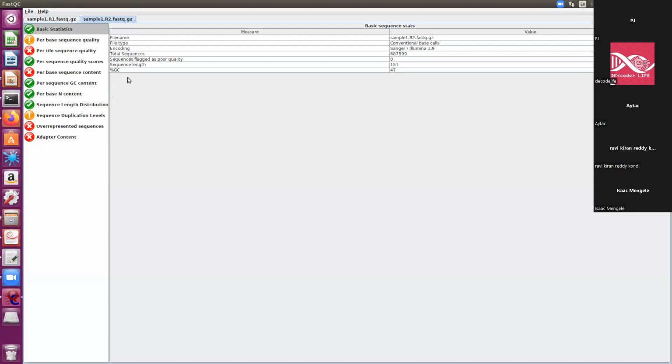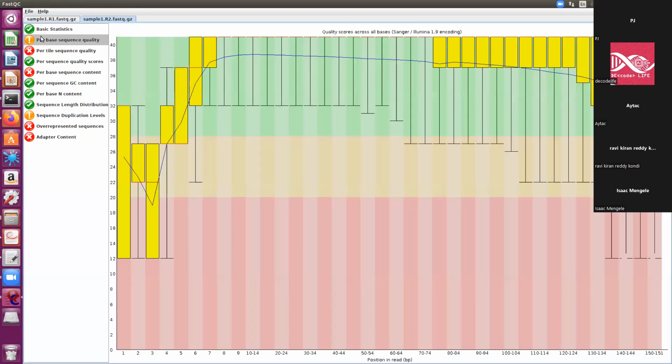Similarly, the stats will be calculated for all the quality parameters for read 2. If you see, the basic stats for read 2 are also very similar to read 1. But the per base sequence quality of read 2 is much poorer compared to read 1. This shows that during the sequencing run, read 1 was better captured compared to read 2.